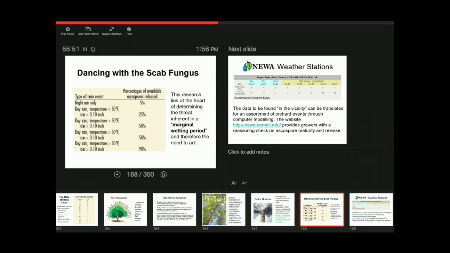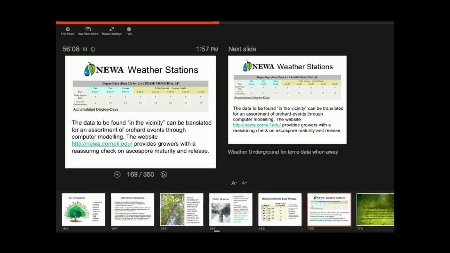That's like a perfect game in baseball, because all those spores are not going to have enough true wetting time after the point of release. And again, you'll see some springs where no scab happens, because the sequence of events is all in your favor. But that's a rare spring.